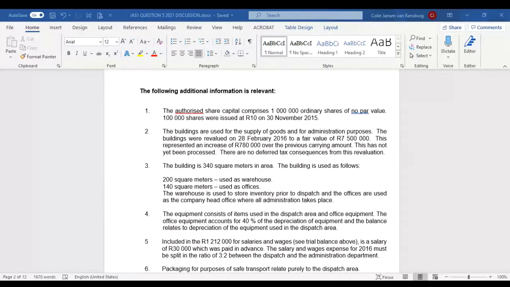So it's not like a sole trader or a partnership where the assets belong to the sole trader or one of the partners. Here the assets belong to the company. And the liabilities are the obligations of the company, not its owners, right?